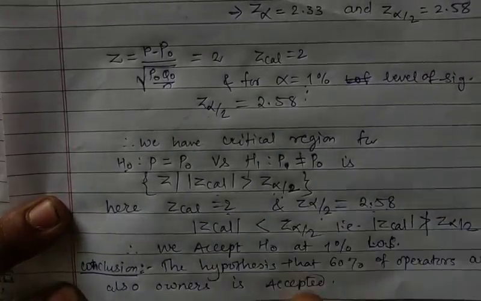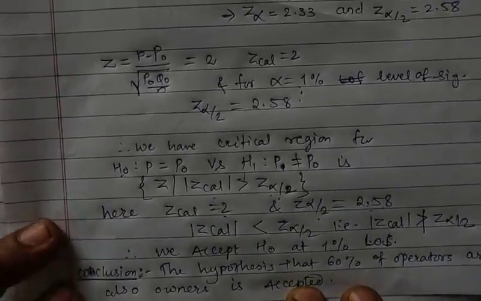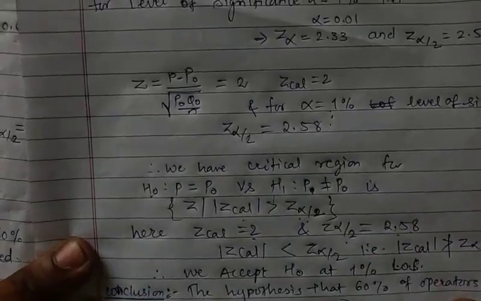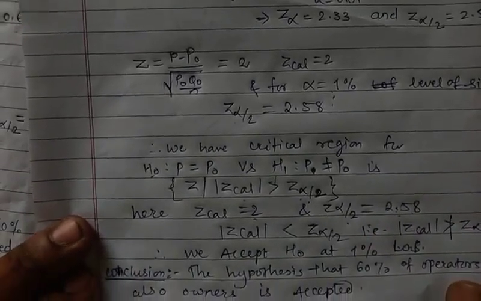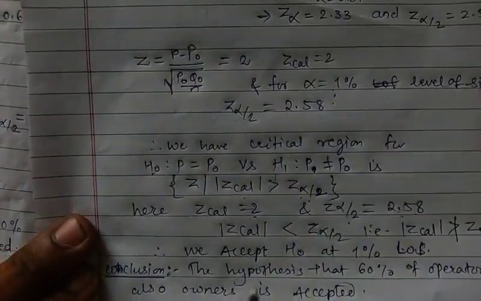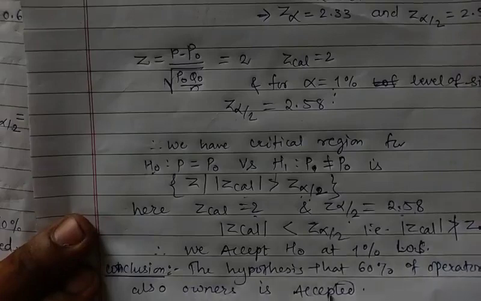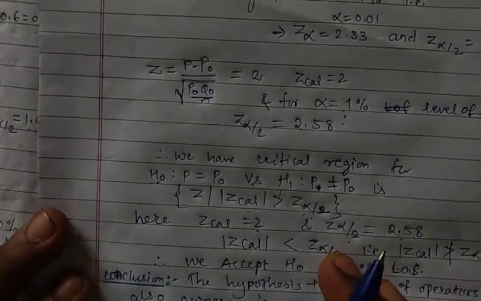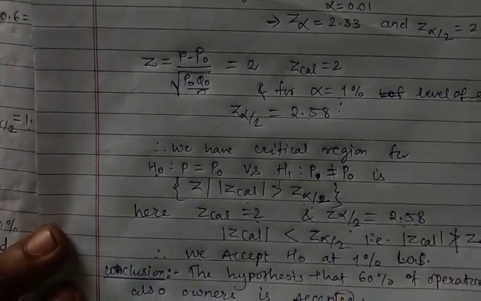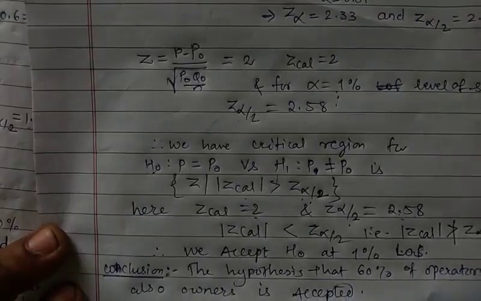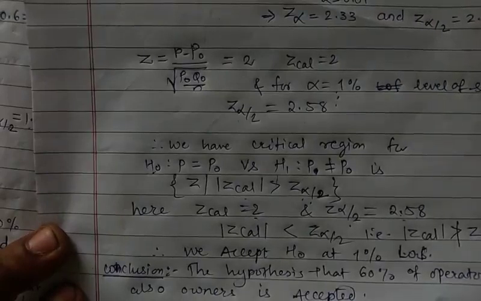If the level of significance is 1%, this result is accepted, and if the level of significance is 5%, this result is rejected. In the previous case, where alpha is 5%, H0 is rejected, that is the hypothesis that 60% of the operators are also owners is rejected.